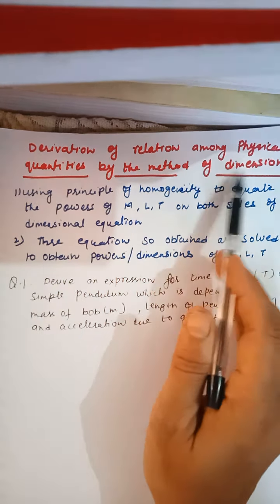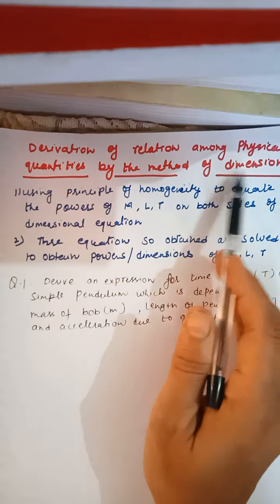Second step, by doing so you will get three equations. By solving these equations you will get the powers, or you can say the dimensions, of M, L and T.